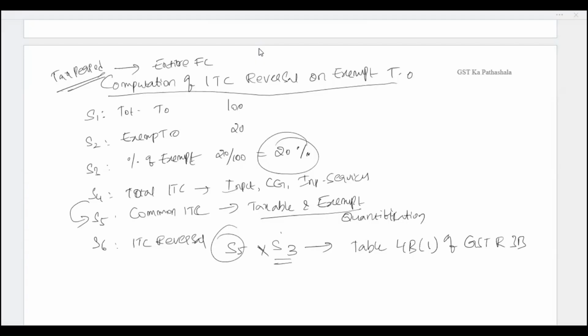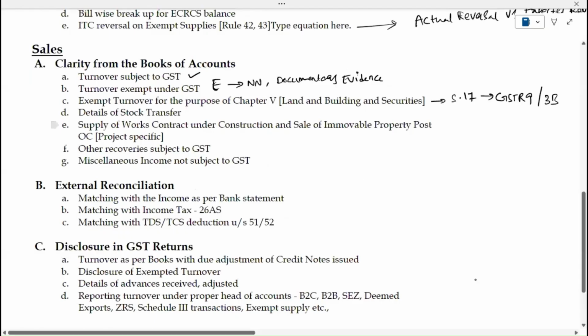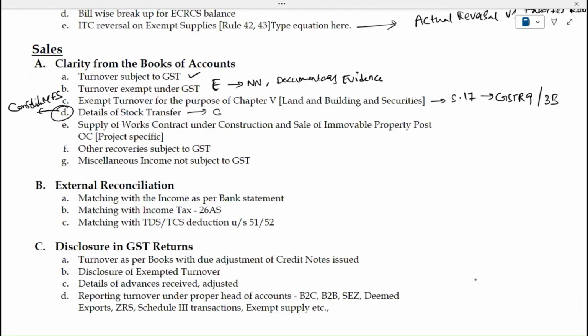Coming back, sales part. So exempt turnover, then details of stock transfer. This will not be there in my consolidated financial statements. So this becomes a reconciliation item in GSTR 9C, table 5.